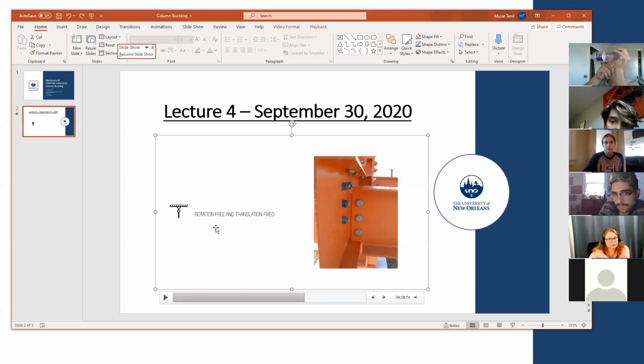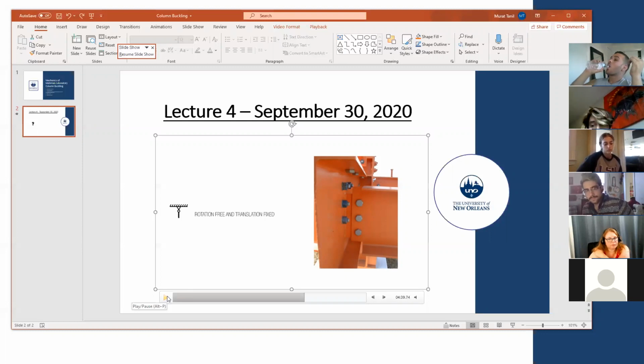I have the equal and opposite moment right here, right? You should learn this when you go to structural design or machine design. It's not my job to explain this in detail, but it's important to remember, and it will help you when you come to machine design and structural design.